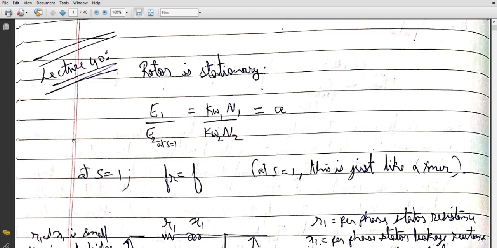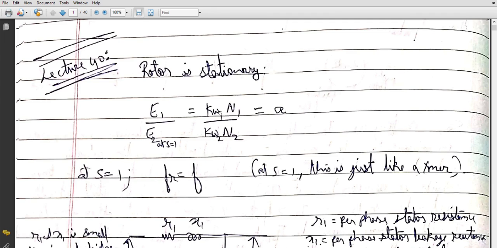Also, in an induction machine there is a factor Kw1. What is Kw? Kw is the winding factor, and we have already discussed in detail that the winding factor is the product of the distribution factor and the pitch factor.